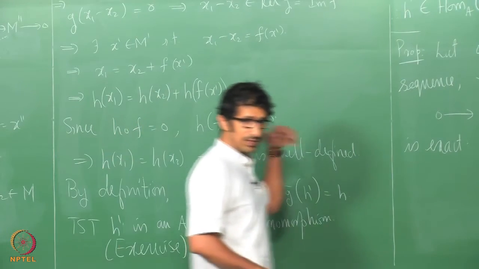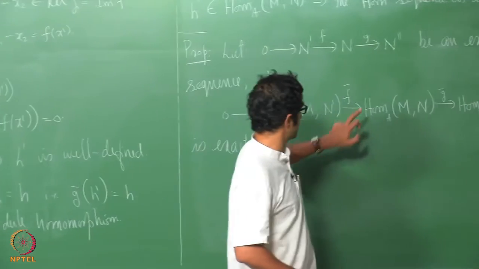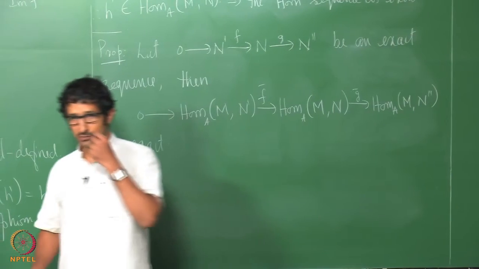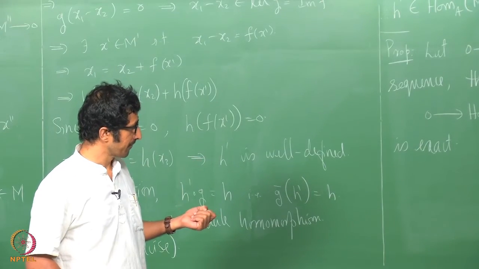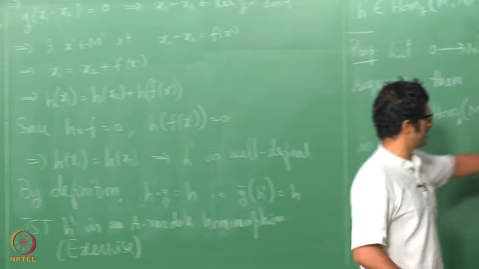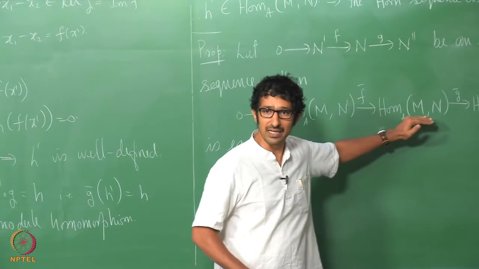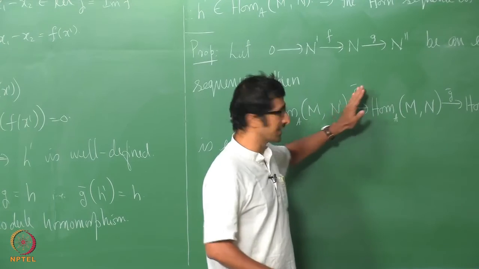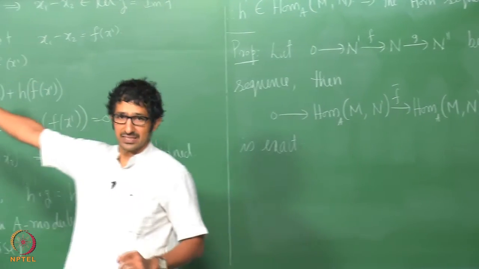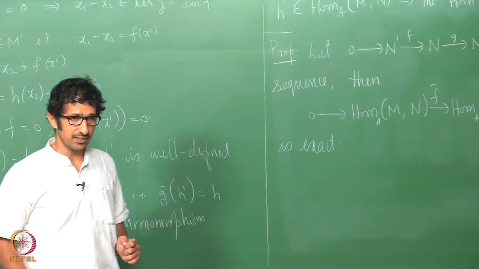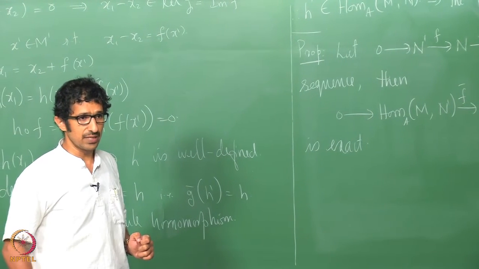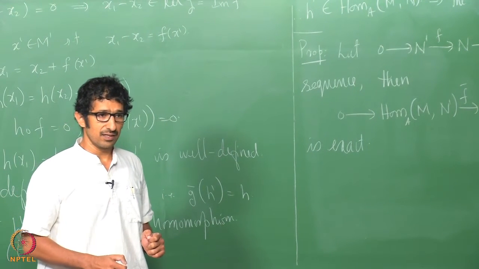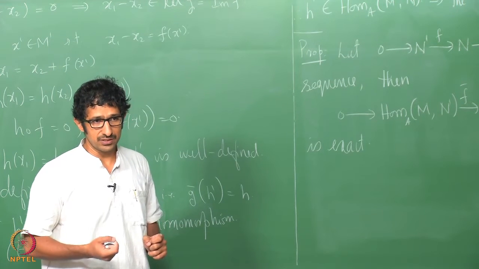So, in this case again one can prove that f bar is injective and the kernel is equal to the image. So, here also, given an element in the kernel, you have to construct an element in the image. Same way, diagram chasing; I will leave it to you to do that.